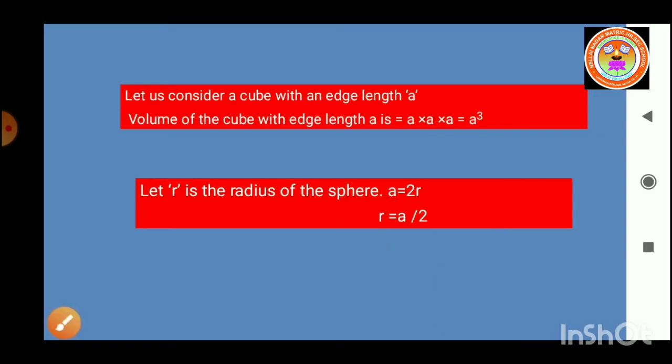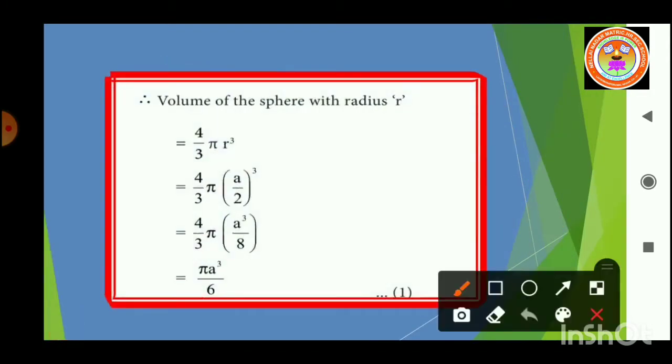Shall I substitute it in the volume of the sphere? What is the second step? The volume of the sphere with radius r is 4 by 3 pi r cube. Instead of r, we substitute a by 2, whole cube.